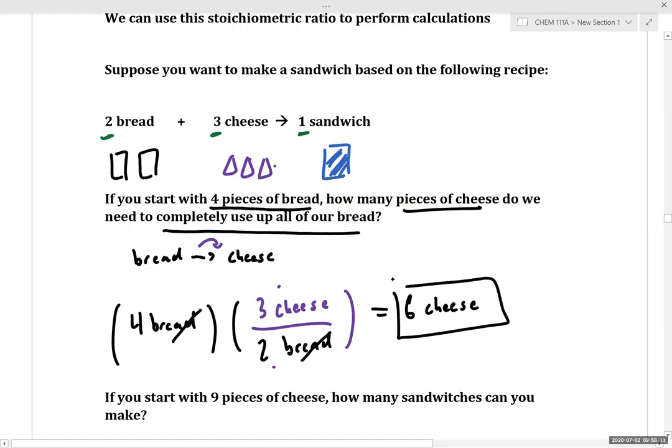Okay, so we've used our stoichiometric ratio to perform a particle-to-particle conversion. We've converted from the amount of a reactant to the amount of another reactant. So this sort of reminds us a little bit of our mole-to-mole conversions that we did using the formula ratio.